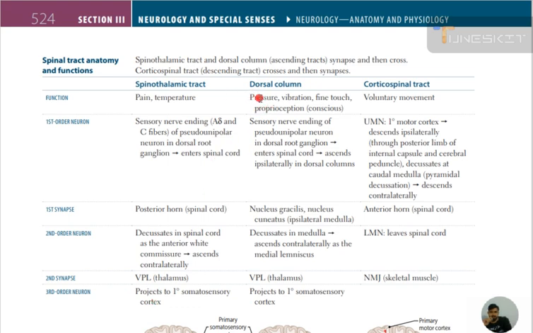These carry pressure, vibration, fine touch, and proprioception. So the first order neurons are the free nerve endings of the pseudo-unipolar neuron, same as these, in the dorsal root ganglion. They enter the spinal cord and ascend ipsilaterally in the dorsal column.